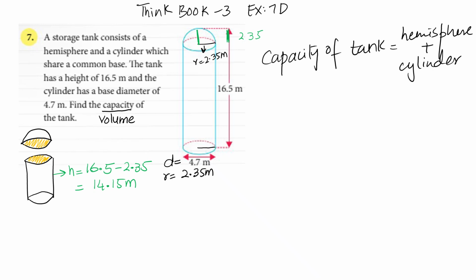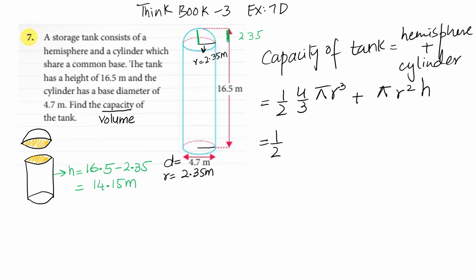So the formula for the hemisphere is 1 over 2 times 4 by 3 pi r cubed, plus the volume of the cylinder, which is pi r squared h. As we know that the hemisphere and cylinder share the common base, the radius for both shapes will be considered the same, 2.35, and the height of the cylinder we have just calculated, 14.15.